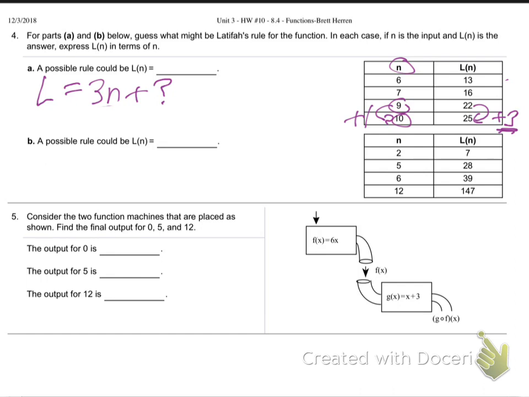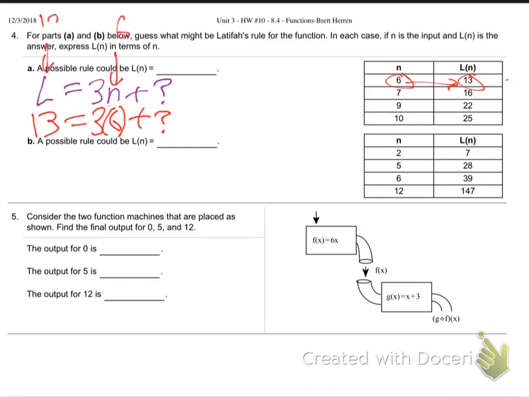Well, now we say, okay, just plug one of these in. If you plug in 6, you're supposed to get 13, right? So if you plug in 6 for n, plus question mark, you're supposed to get 13. So the L is 13 when n is 6. So when n is 6, L is 13.